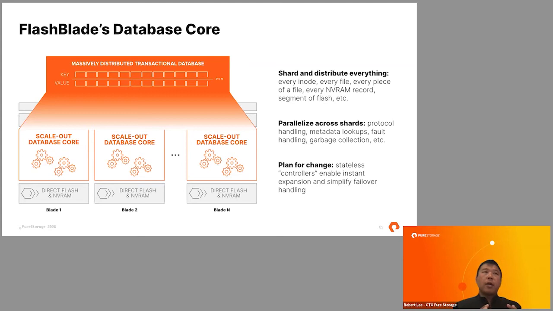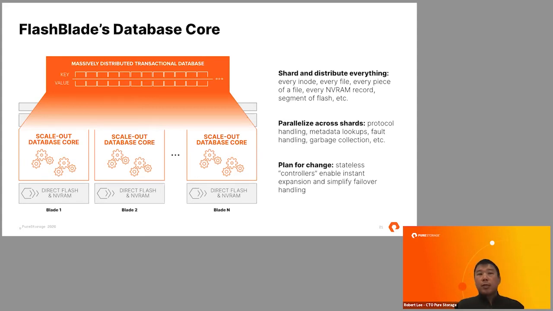If you think about it, the key value representation gives us a way to split the namespace and split the metadata space into different chunks that we can now parallelize and assign to different compute units within the system. We don't want to assign the ownership of portions of the metadata to individual compute units by CPU ID. We don't want to say, hey, this part of the system is managed by this blade in particular.